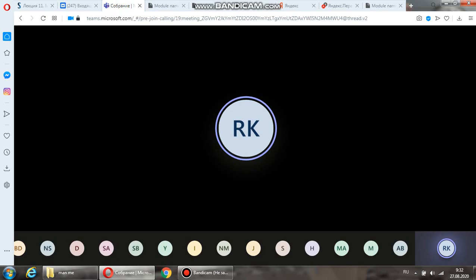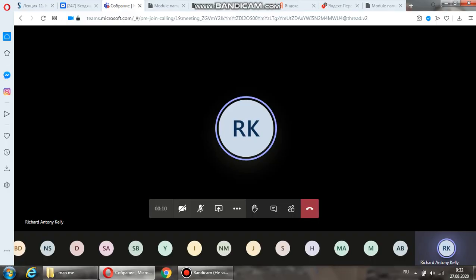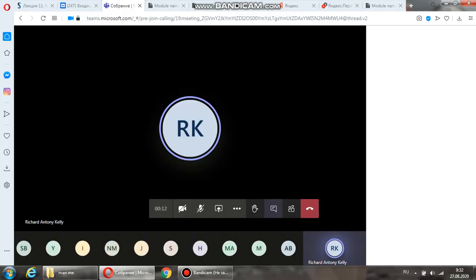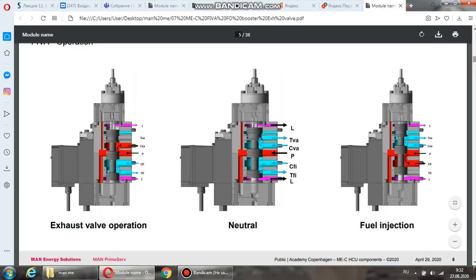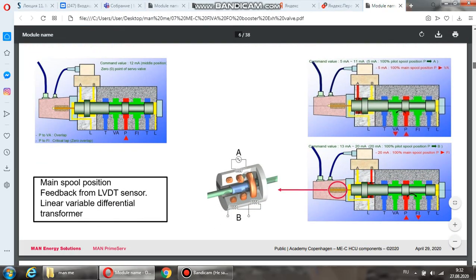The main spool and the pin here are mounted together, and then the feedback sensor is zero calibrated. So the matching of the feedback sensor and the main spool can only be done by MAN.